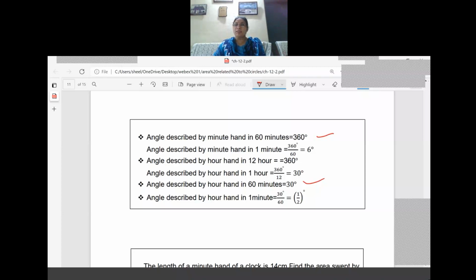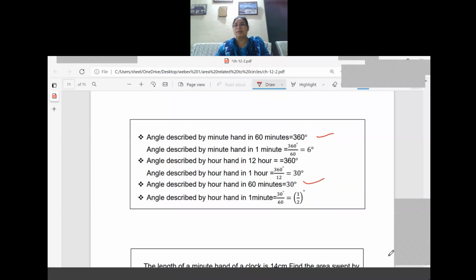Once again I'll repeat: angle described by minute hand in 60 minutes is equal to 360 degrees. As you know the concept of the moving minute hand and hour hand in a clock, the same concept we are taking. The minute hand completes one revolution, 360 degrees, in 60 minutes, whereas the hour hand takes 12 hours to complete 360 degrees.